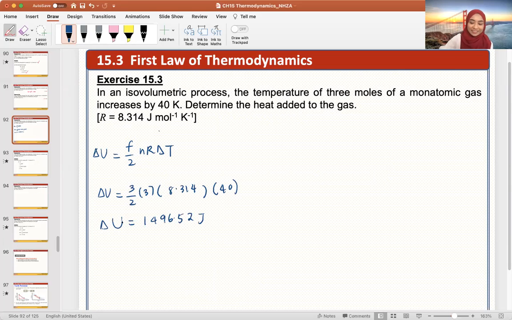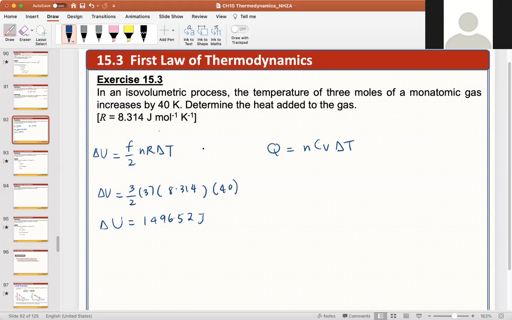Yes, Doktor. Heat, macam mana awak kira heat? Apa equation untuk heat? Isovolumetric. Q equals to, ingat tak? Ada CV, CP, N. Tak ingat? Okay, it's N, CV, delta T.